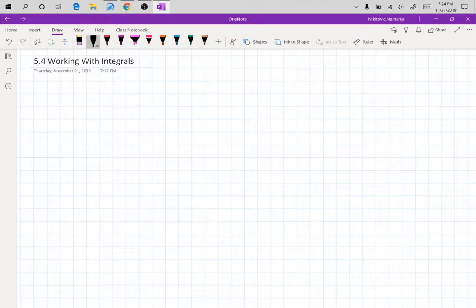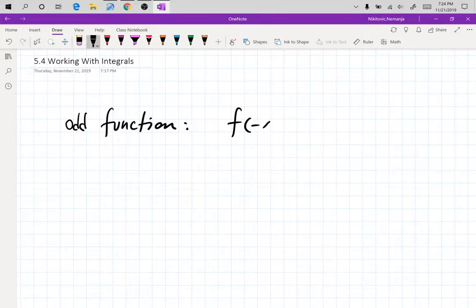So before we go with the formulas, I just need to remind you of what it means for a function to be even and for a function to be odd. So in mathematics, an odd function has the property that f of negative x is equal to negative f of x.